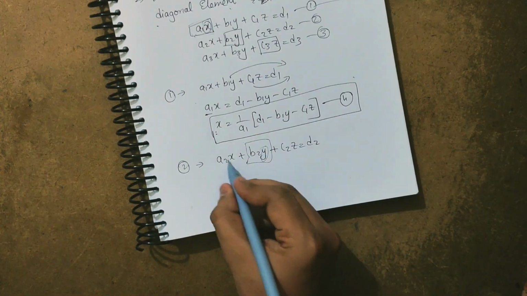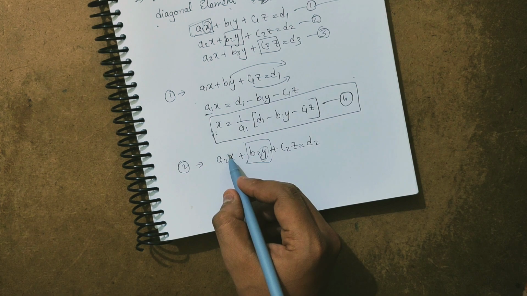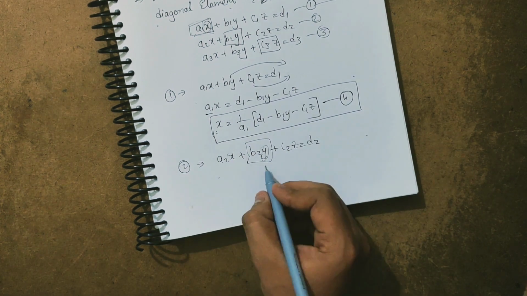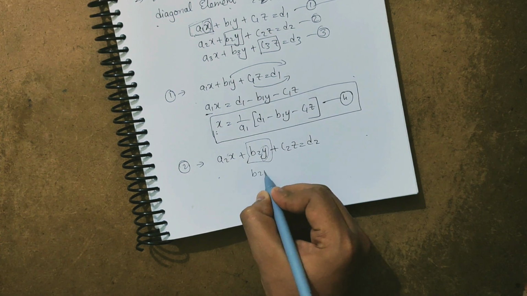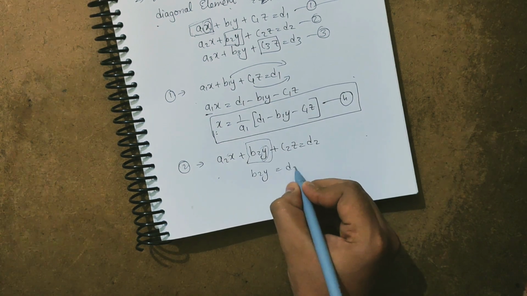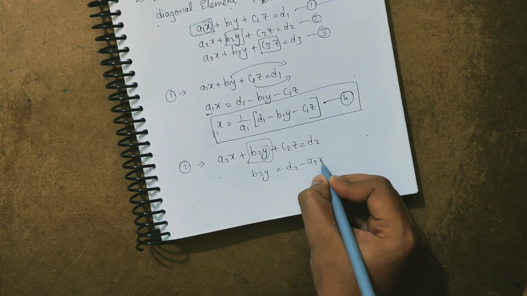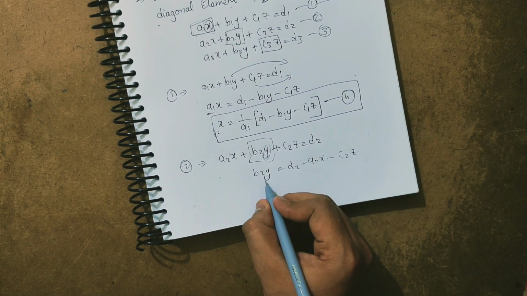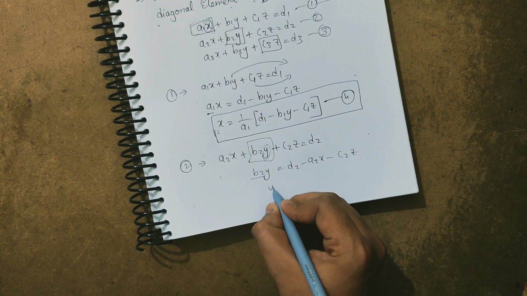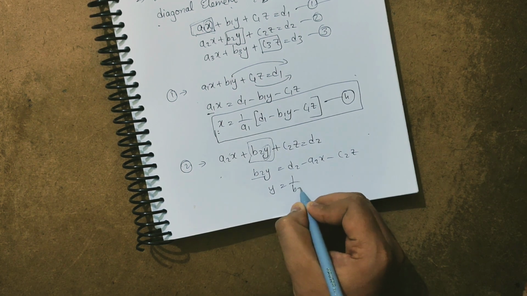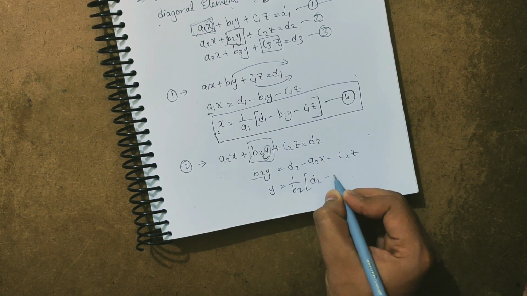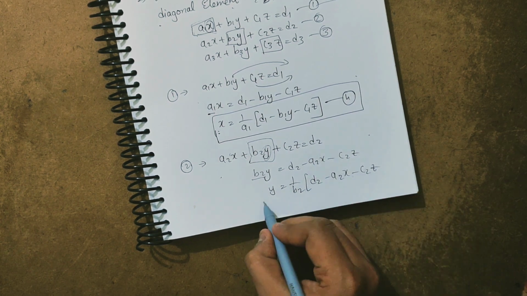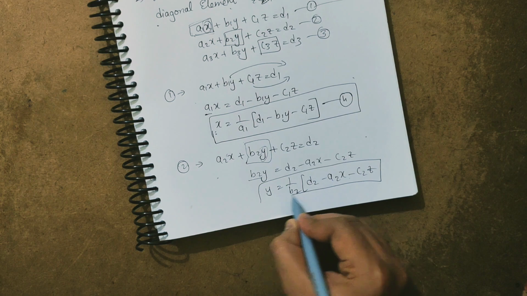So let's write like this, we have to move all the unwanted variables to right side, so that y will be left over in the left side. So let's take b2y here only, d2 minus a2x minus c2z. Okay, now let's move b2 also, 1 by b2 d2 minus a2x minus c2z. This will be your y value.